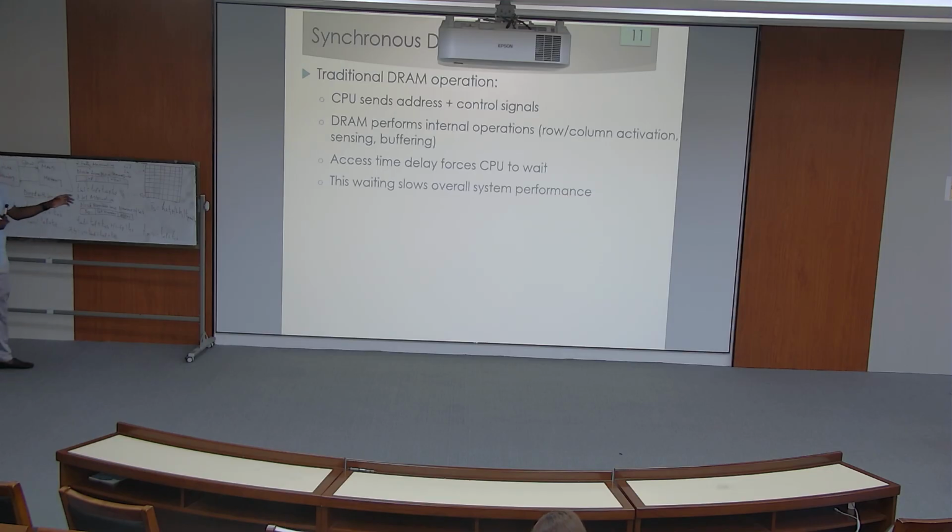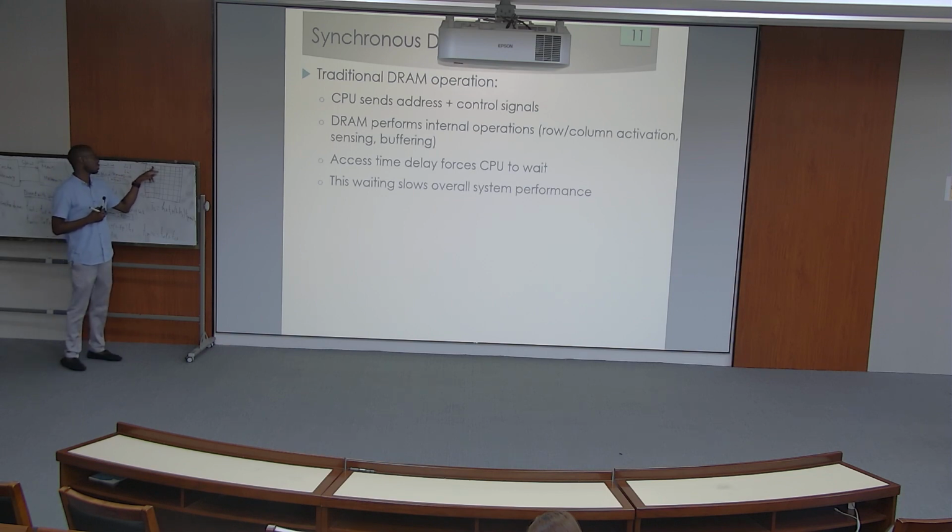So that means the system needs first to select a word out of 512 words in this situation. Then once a word is selected, let's say word one, we need to have a specific cell selected to return a bit within this cell. So this is how the traditional DRAM works.